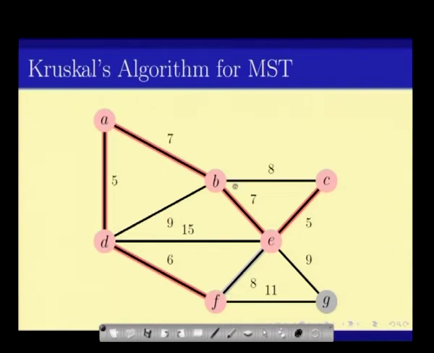Next one is BC, which again we cannot choose because they have the same color, and I would get a cycle. Then BD, again we cannot choose because they have the same color and we will get a cycle. Then we choose EG, at least this one was not even colored. So, I can color them, and I keep on doing it till we get our tree.